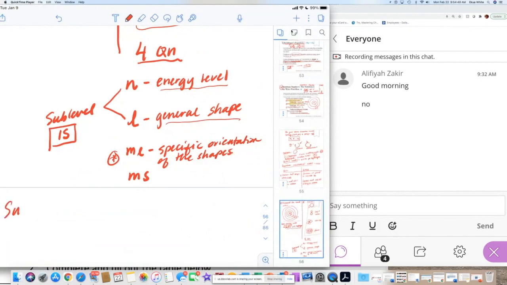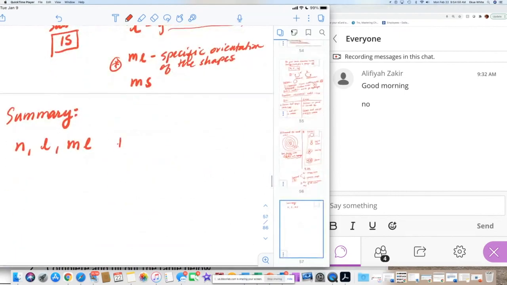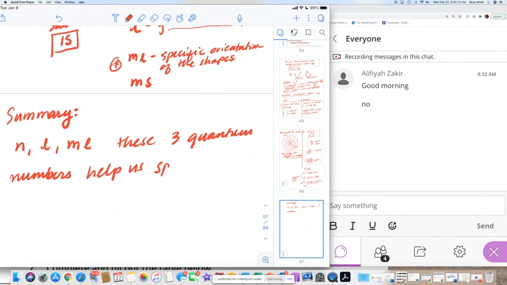So in summary, when we look at N, L, and M sub L, these 3 quantum numbers help us specify the orbital of the electron.